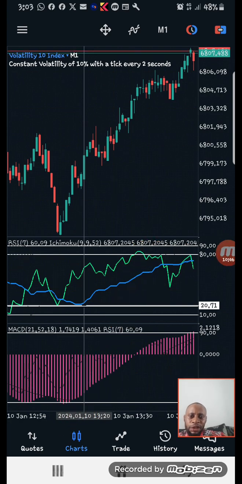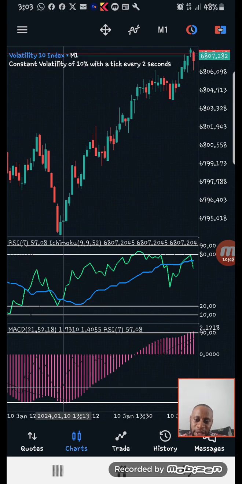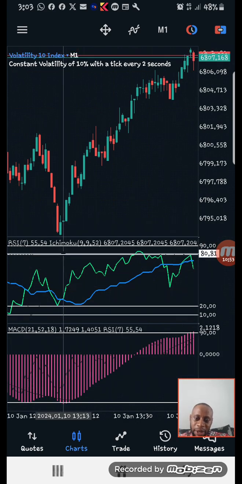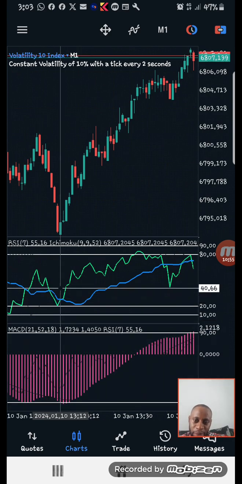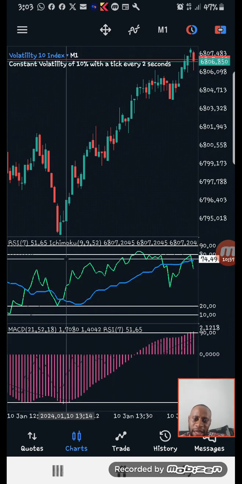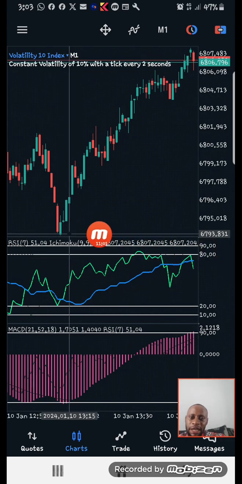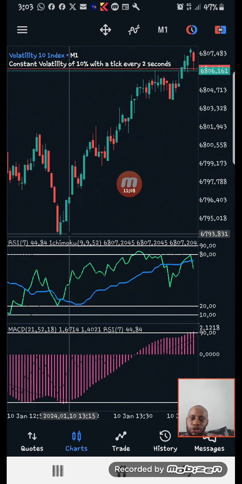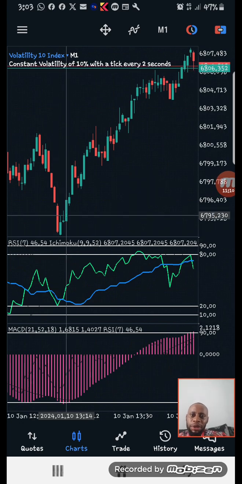You understand? This is the breakout candle in the MACD, the candle that broke out. Then either this candle or this bullish candle should be your entry.